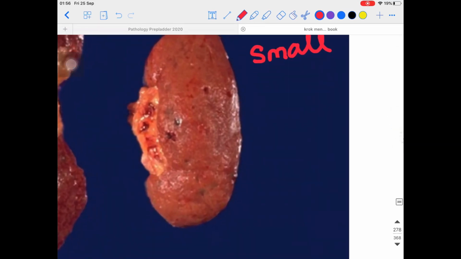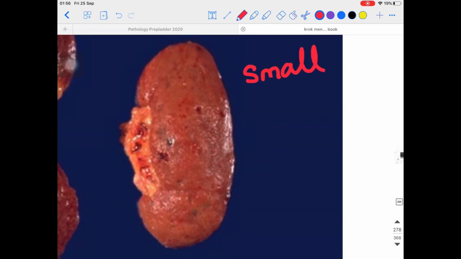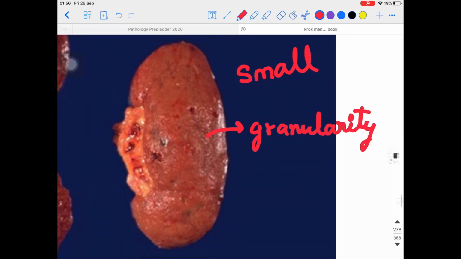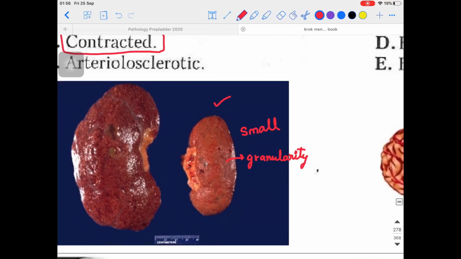This might be blurred to you, but it has a granular surface, as you can see from the gross section over here. Here you might appreciate the granularity, and it is smaller in size. Sometimes the weight might go down to 50 grams.